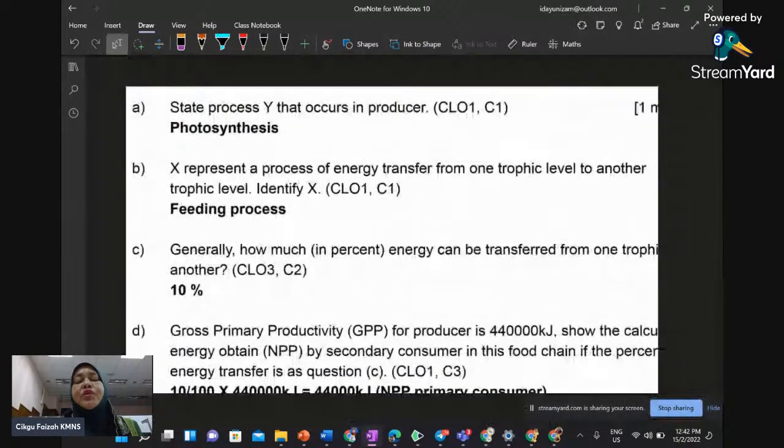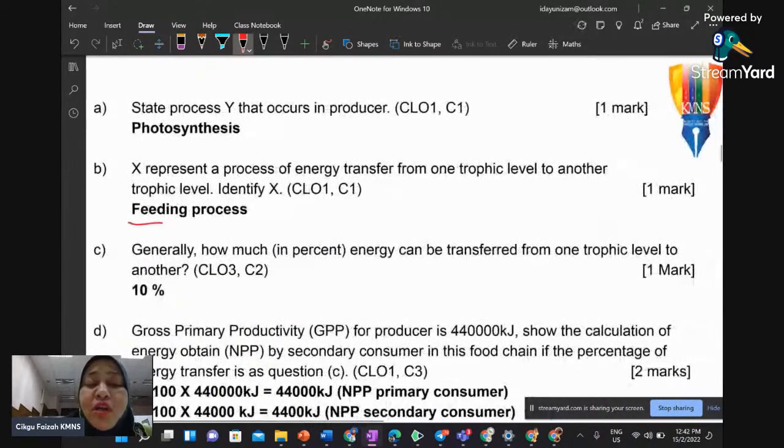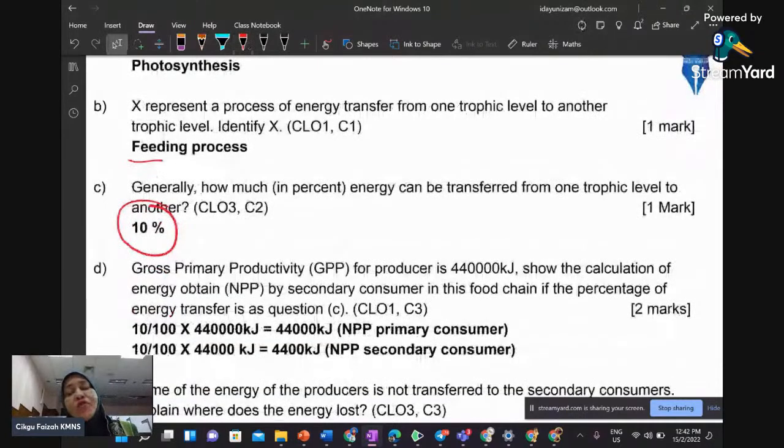Okay, relationship between the organisms in the food chain, we call it a feeding process. Okay, how from one trophic level it transfers to another trophic level. Okay, yang ini I think semua orang tahu kelas, since you're form 4, ataupun since secondary school lower form, upper form. Okay, this one is a fixed percentage, 10%. Ini until matric pun you belajar.